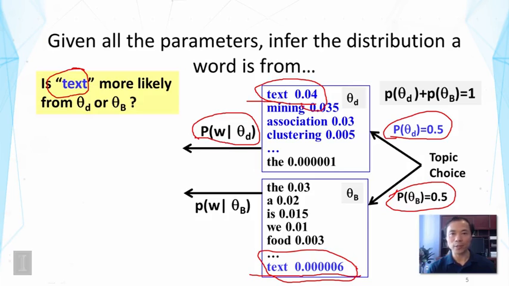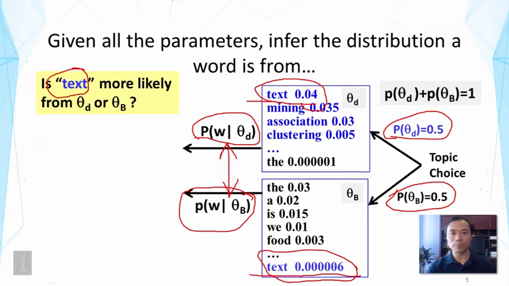We're going to tend to guess the distribution that gives the word a higher probability. And this is likely to maximize the likelihood, right? So we're going to choose a word that has a higher likelihood. So in other words, we're going to compare these two probabilities of the word given by each distribution.